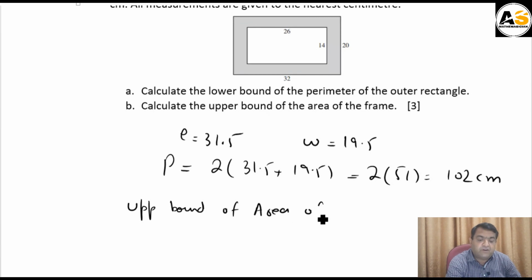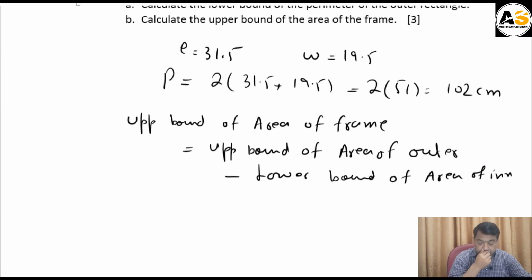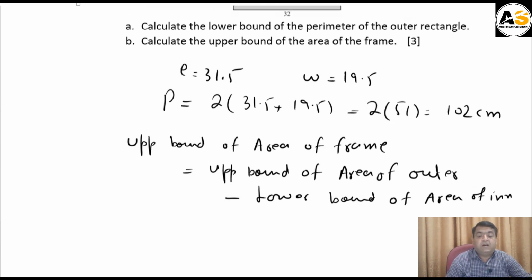Upper bound of area of frame will be upper bound of area of outer triangle minus lower bound of area of inner rectangle, sorry. So for that, what will be the upper bound of area of the outer triangle?